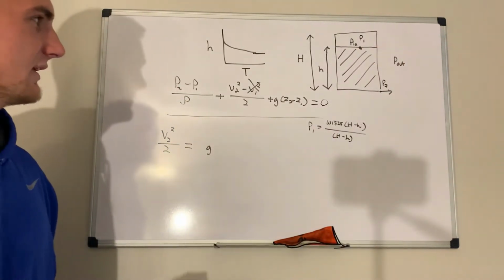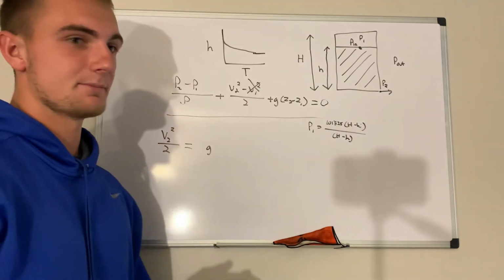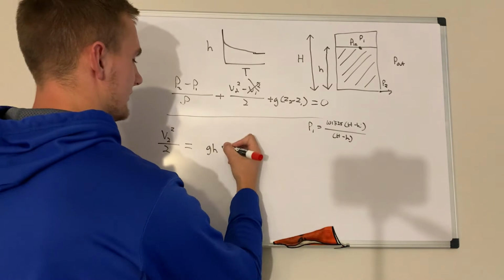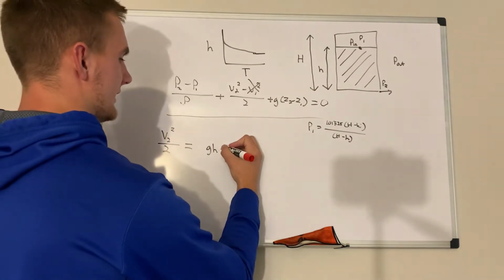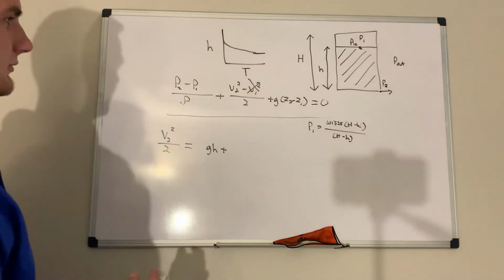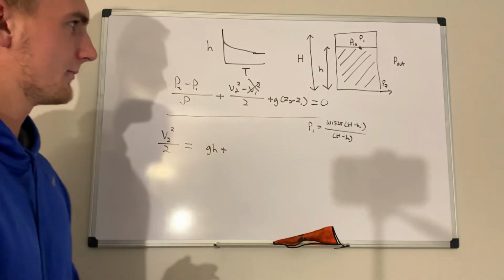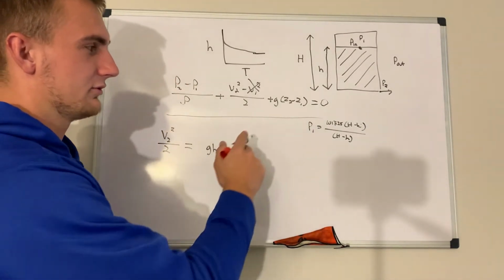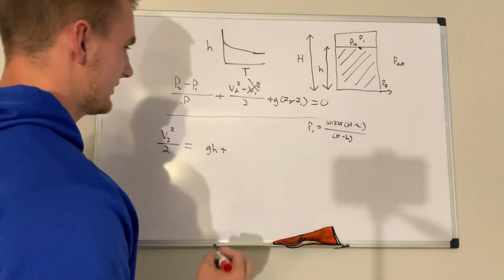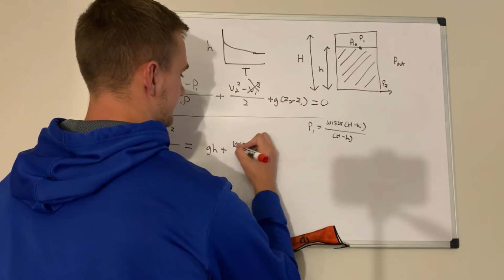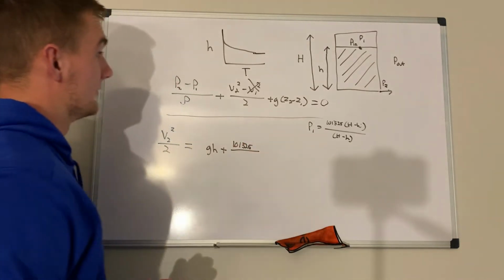So we actually have a negative gH, but when we bring that over to the right side, it'll be positive. So we'll have gH, and then, bringing over our P1 minus P2, we have 101325 in both of those terms, so we can take that out: 101325 divided by rho.